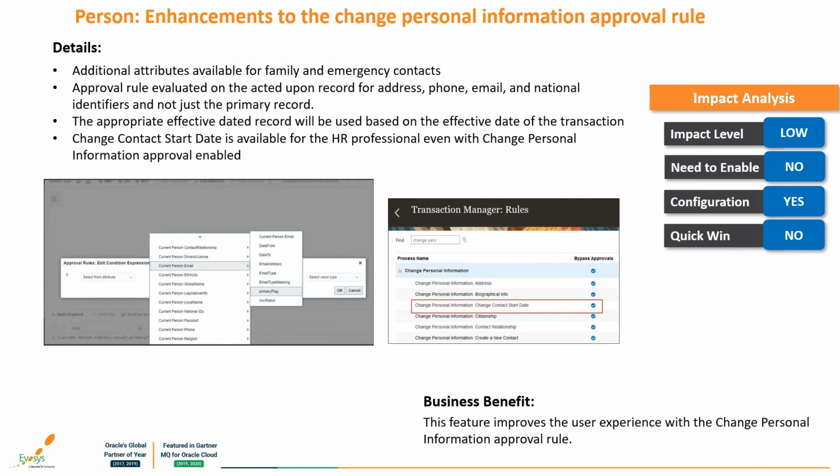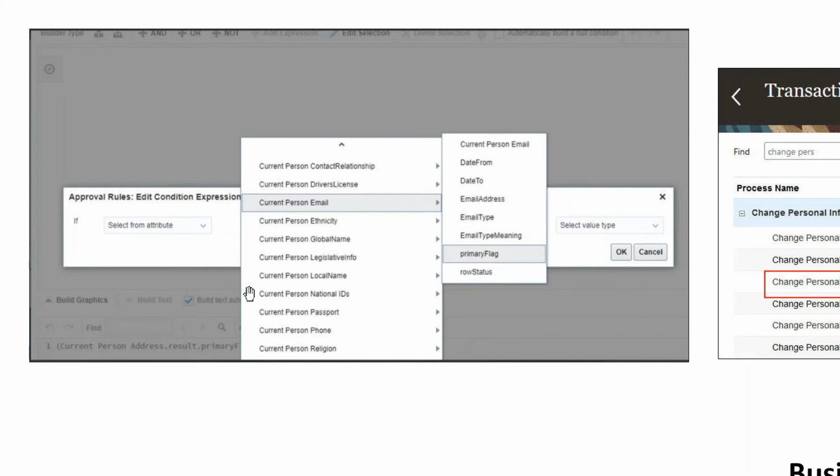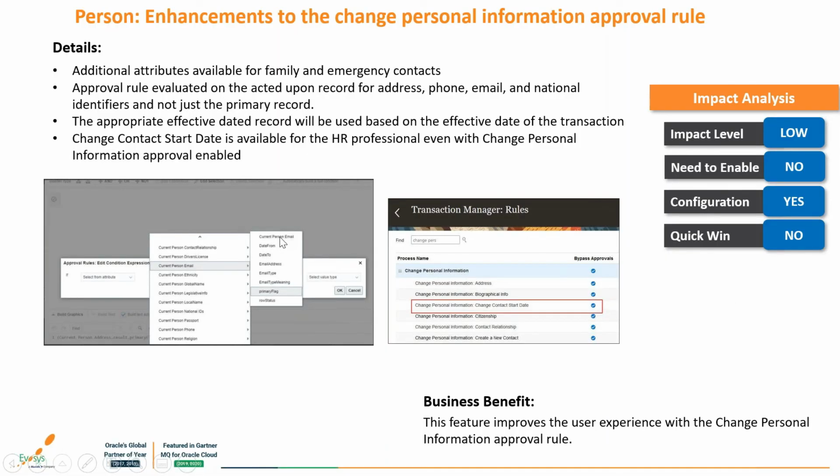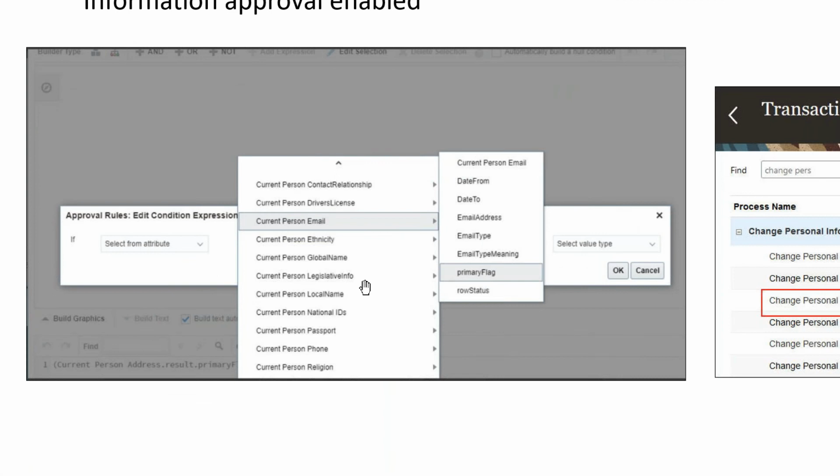Enhancement to the change personal information approval rule. Initially, when we created an approval rule specific to change personal information, there were multiple options for which an employee could make changes.